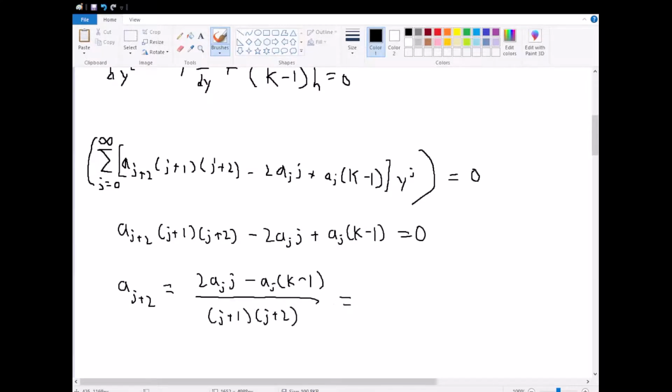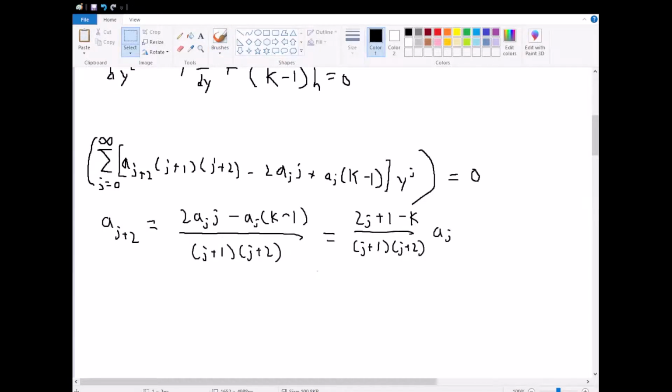And automatically we can distribute out the a_j, so what we have left is (2j+1-k) over (j+1)(j+2) multiplied by a_j. And just like that, we have a recursive formula for the subsequent coefficients of h.